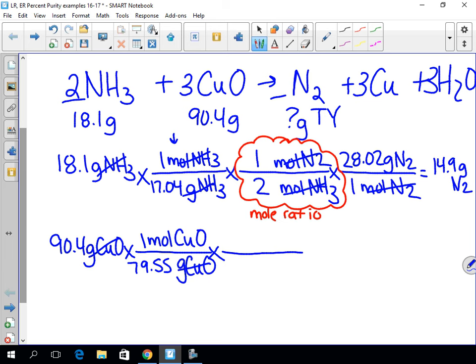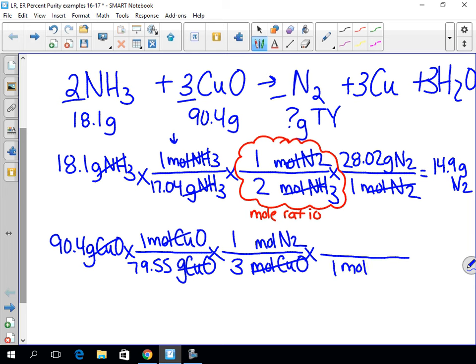After I've got my grams turned into moles, my next step is always my mole ratio. This time I want to bring moles of copper oxide to the bottom to cancel. Moles of nitrogen on top, and once again I'm at my mole ratio step again, so I want to have 1 mole of nitrogen for my balanced equation, and this time I'll be using the 3 moles of copper oxide, sorry. Cancel out my copper oxide, and you'll notice here this last step's going to be the same.